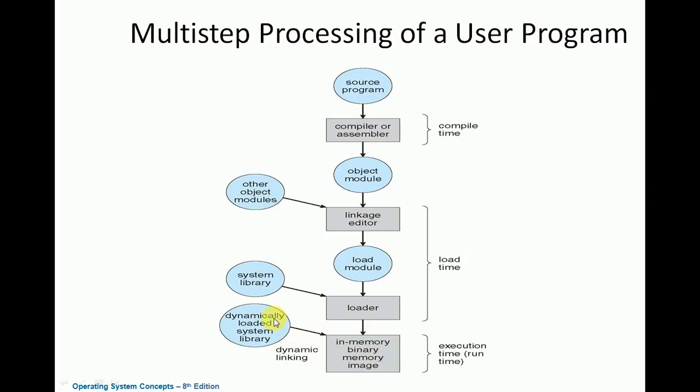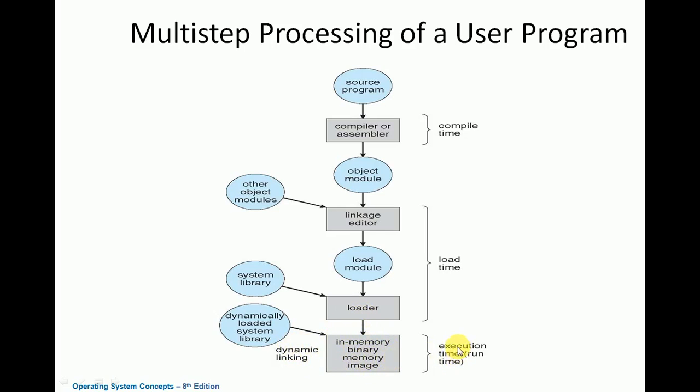Here it is a dynamically loaded system library. The system libraries are linked dynamically, that is during execution time, and that is called dynamic linking. So dynamic linking is basically where the system libraries are linked to the machine code that we got after the loader.